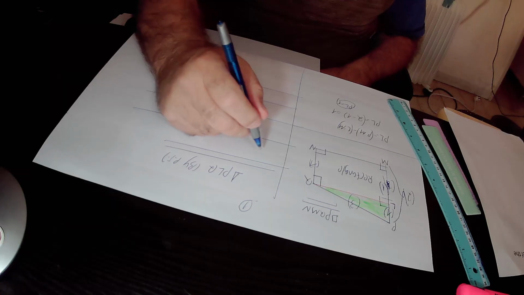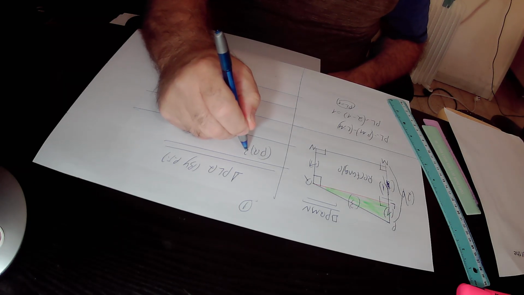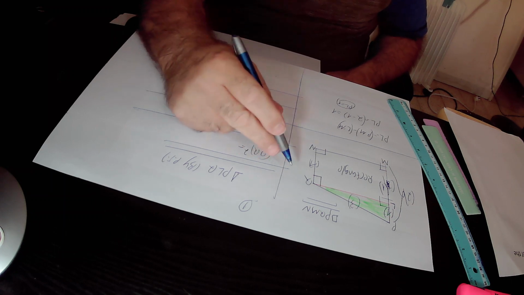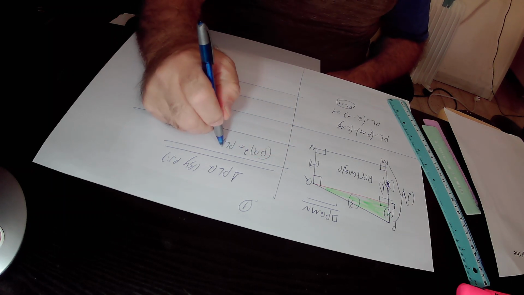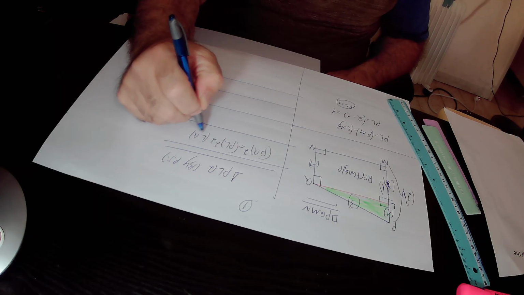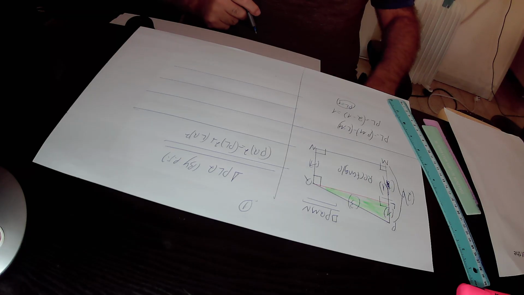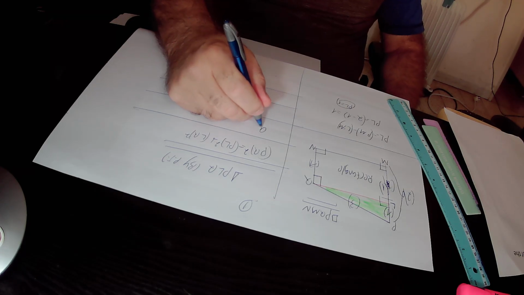So PQ square, that is the square of the hypotenuse, equals PL square plus LQ square. PQ is 3, therefore PQ square is 3 squared, that is 9.